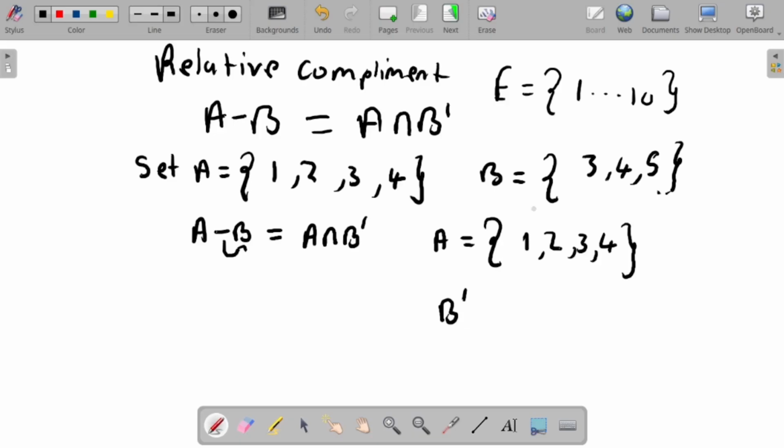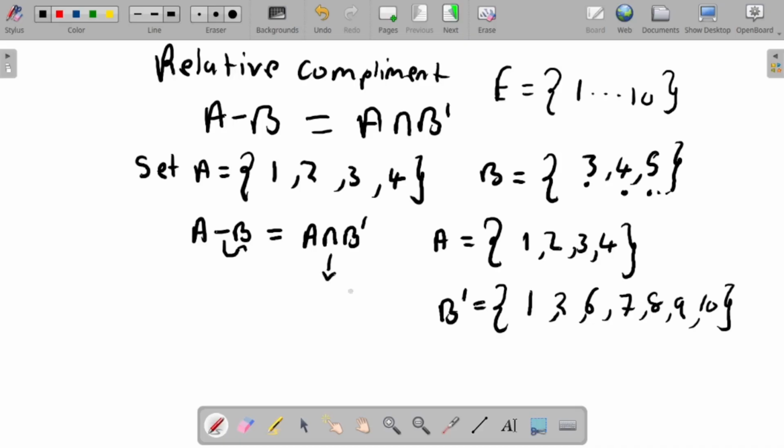So B has got 3, it also has 4 and 5, implying that the complement of B is going to be 1, 2, 6, 7, 8, 9, and 10. That is our complement. But what are they looking for really? They're looking for what is common, the elements that are common in both sets. So A intersection B complement, since I'm comparing set A and set B complement, I'm trying to look for what is common between the two sets.